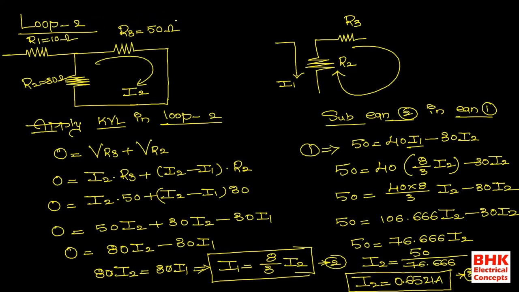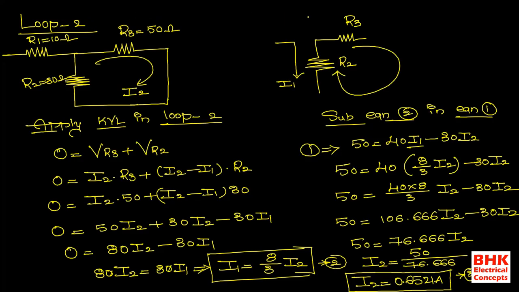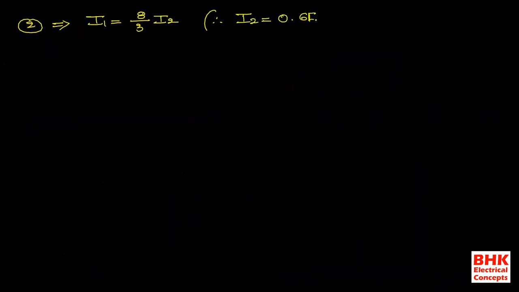But here we got the value of I2 as 0.6521 amperes. Now substitute this value instead of I2.